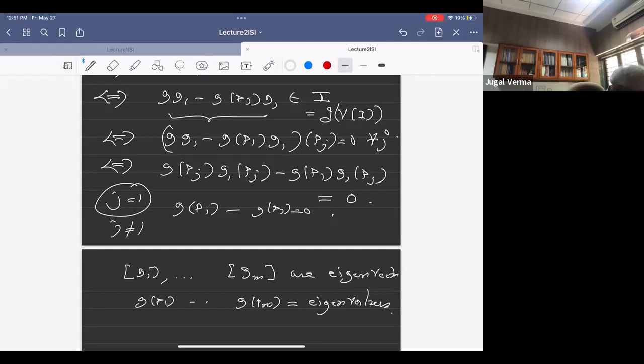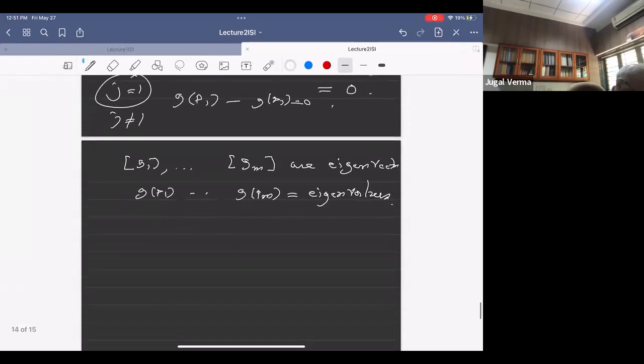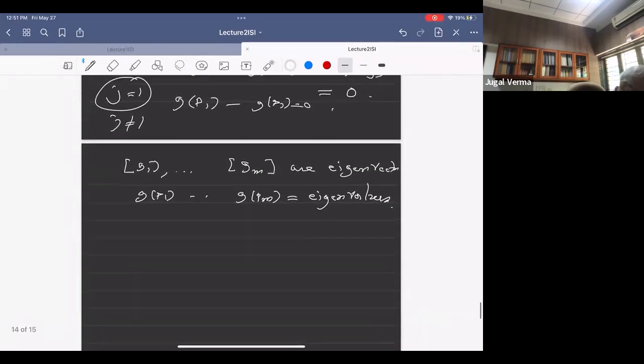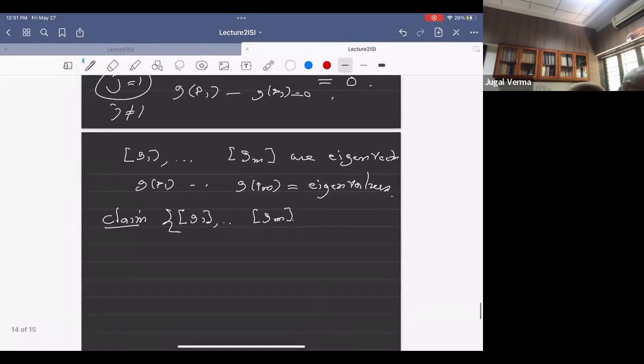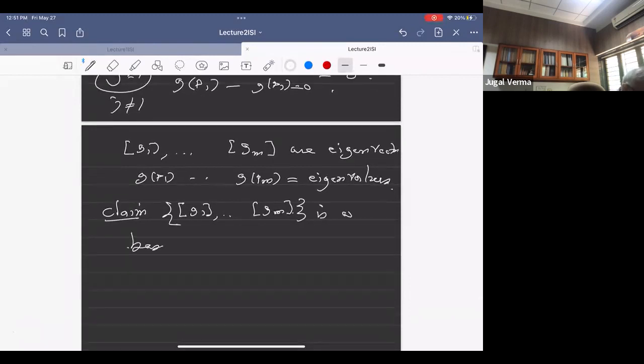What we need to prove now is that they are linearly independent, that G1, ..., GN is a basis of eigenvectors of the linear transformation Mg.